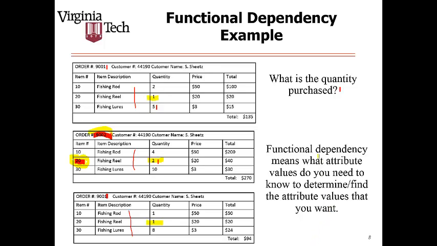It means, what do you need to know the value of the attribute that you are interested in? Excuse me, had to sneeze there. So, that's the idea of functional dependency. In this case, the attribute quantity is functionally determined by both the order number and the item number.